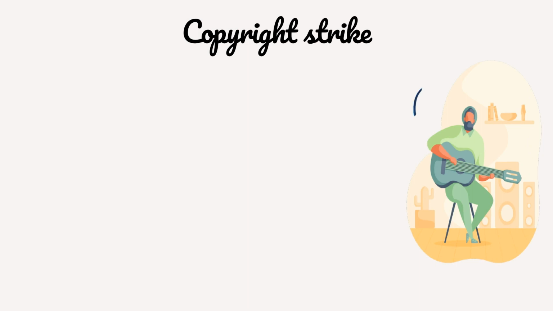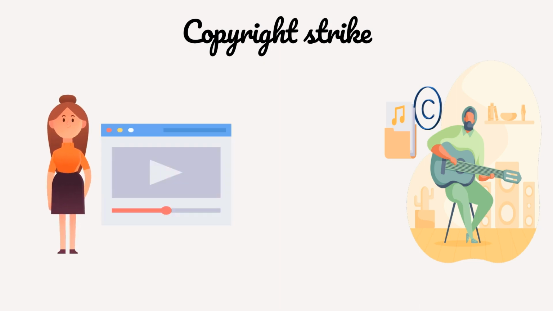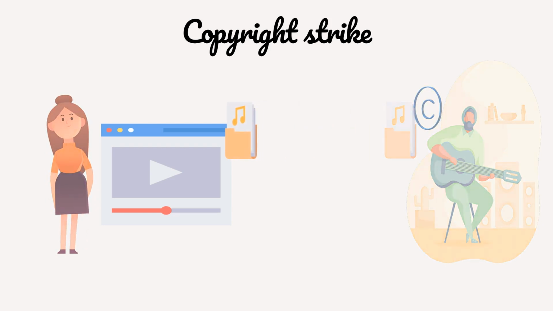The difference between a copyright strike and a content ID claim is that in case of a copyright strike, a person who holds a copyright to a particular media finds out that we have used that media in our YouTube video without proper consultation with the creator or giving them the proper royalties.